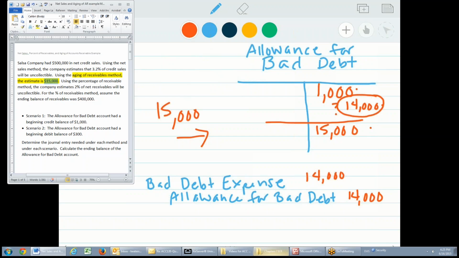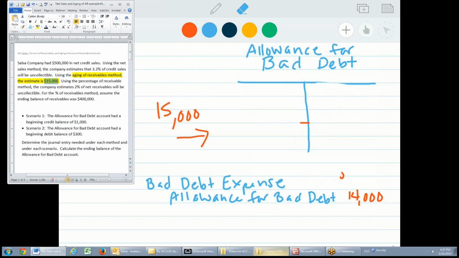Okay, next let's work with scenario 2. In scenario 2, we assumed that we had a beginning debit balance, and our debit balance was $300.